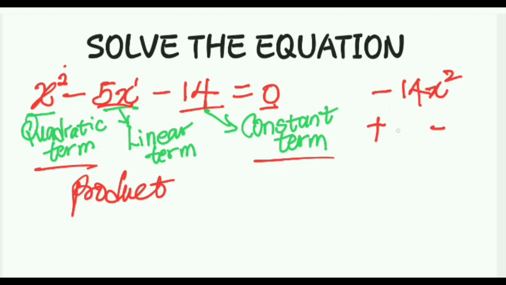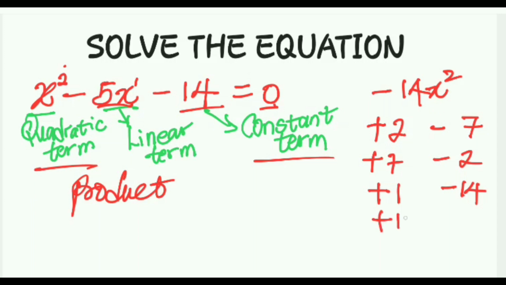And so I suppose you are thinking of 2 and 7. Plus 2 times minus 7 will give us minus 14. Also plus 7 times minus 2, that will give us minus 14. Plus 1 times minus 14 gives us a value of minus 14. Plus 14 times minus 1 will give a value of minus 14.